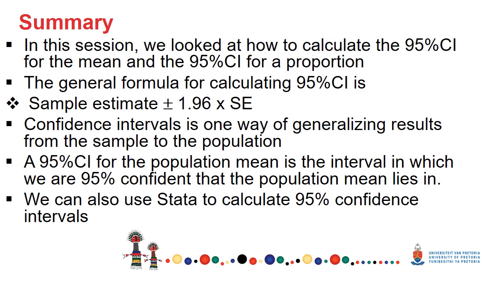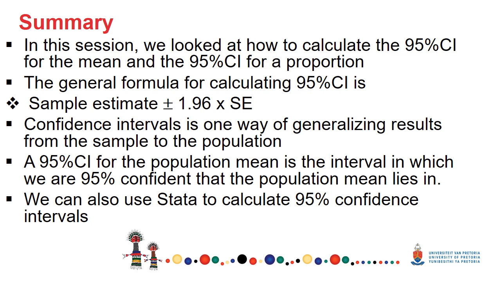We have come to the end of this session, and in this session we looked at how to calculate the 95% confidence interval for the mean and the 95% confidence interval for a proportion. In general, the formula for calculating the 95% confidence interval is the sample estimate plus or minus 1.96 times the standard error.